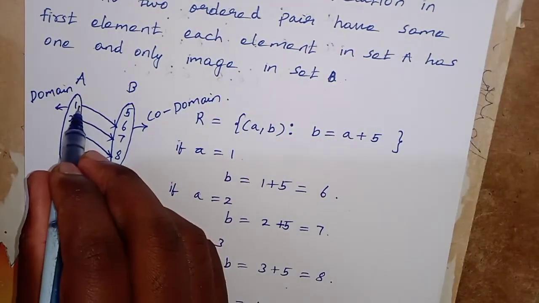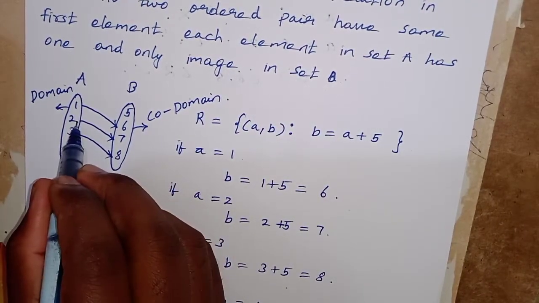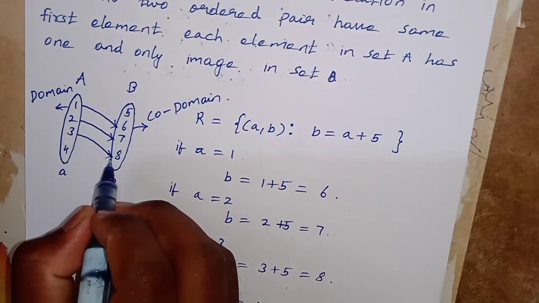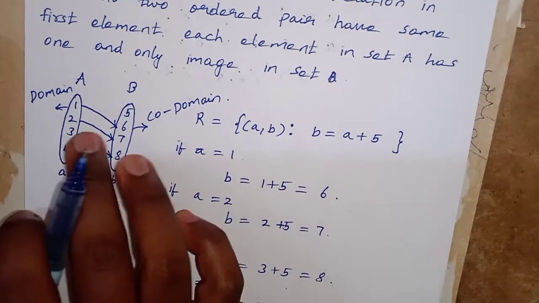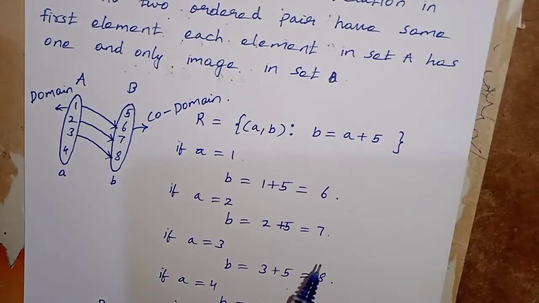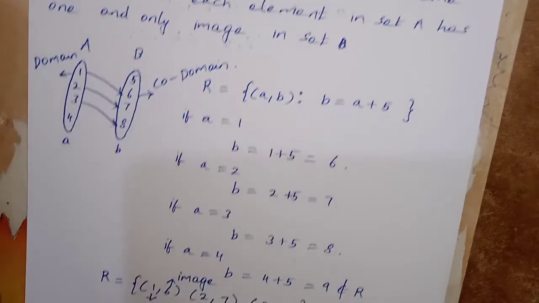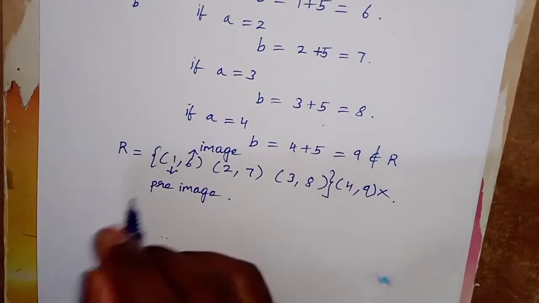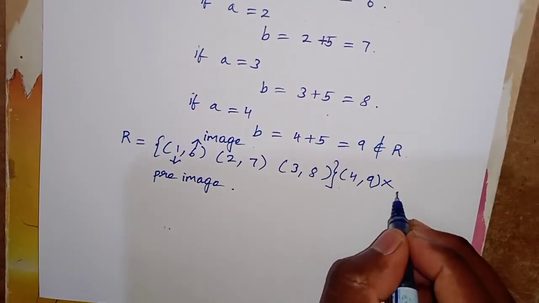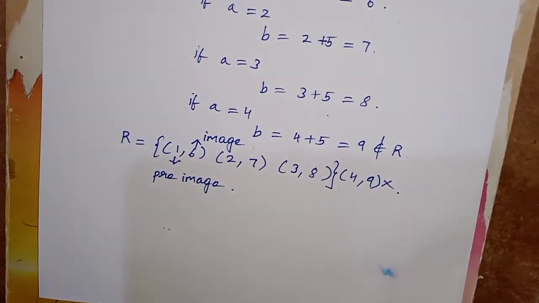For 1 it is 6, for 2 it is 7, for 3 it is 8. Can you understand? This is the basic concept.